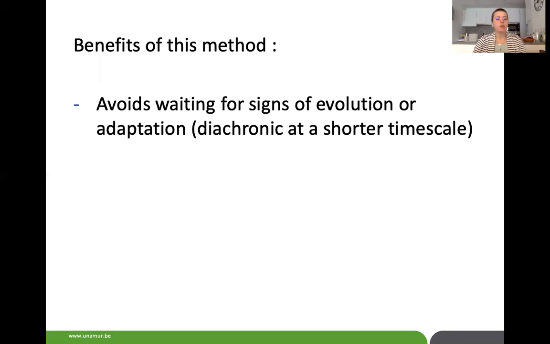No, it's about processes and functions, so it takes time, but at a much shorter time scale than evolution and adaptation. But yes, we're still focusing on what organisms do.